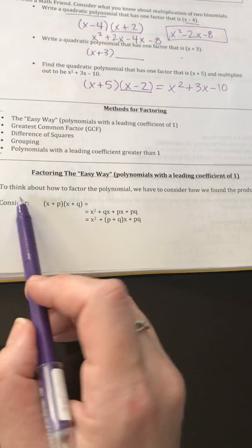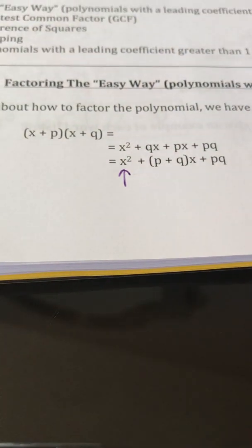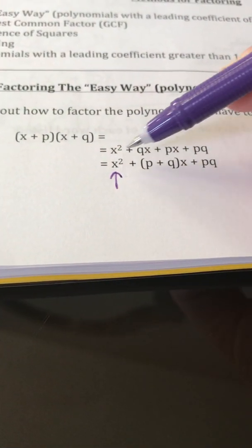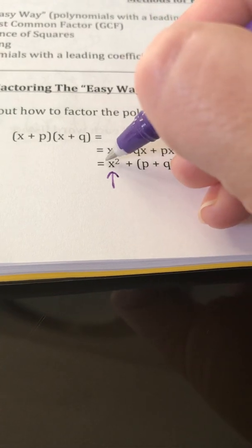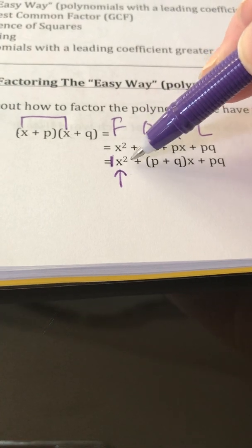If we start off by considering what we know about how we find a product, let's look right down here. When we have two binomials that give us a quadratic polynomial as a product with a leading coefficient of 1, we can consider the same things, okay? When we multiply the first terms in each of these binomials, we get an x squared.